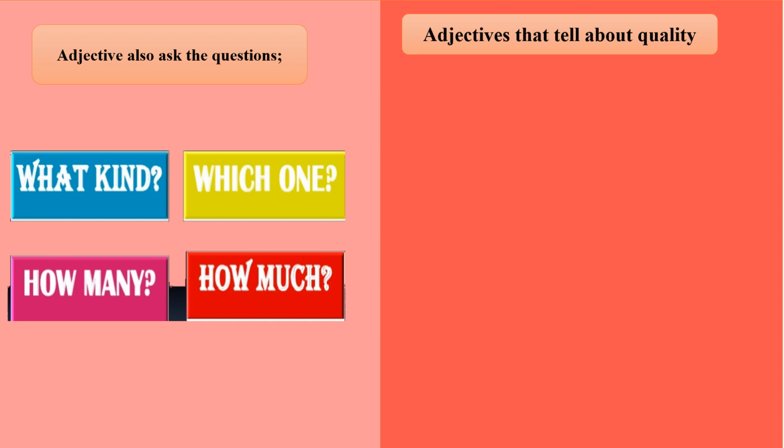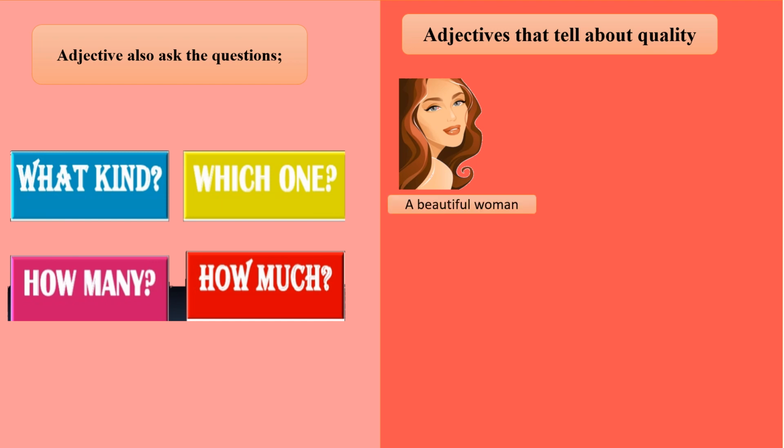For example, an adjective tells about the quality of a person. A beautiful woman. Now the question over here: what kind of a woman? Yes, beautiful.